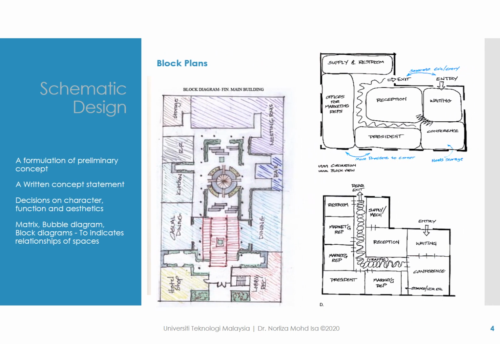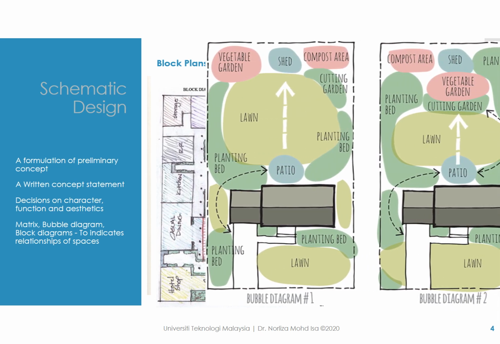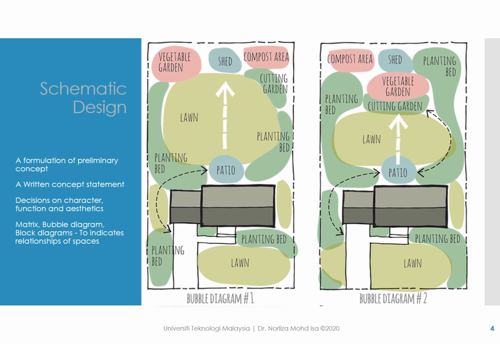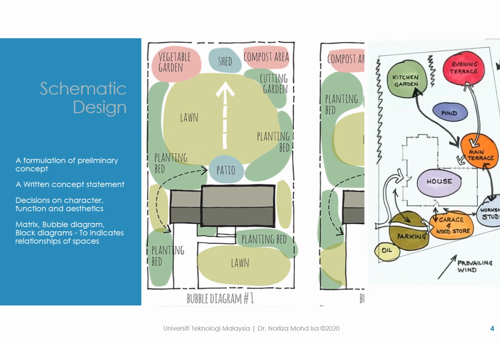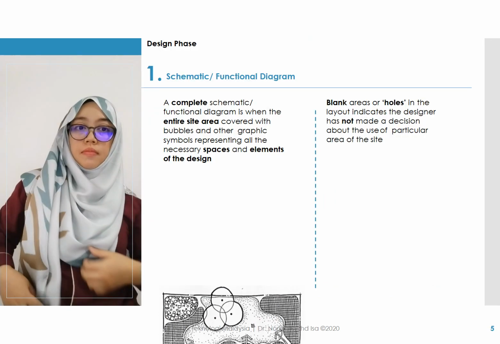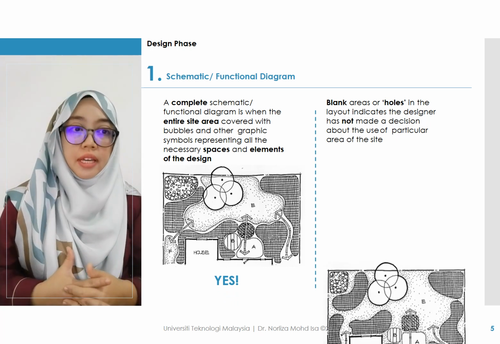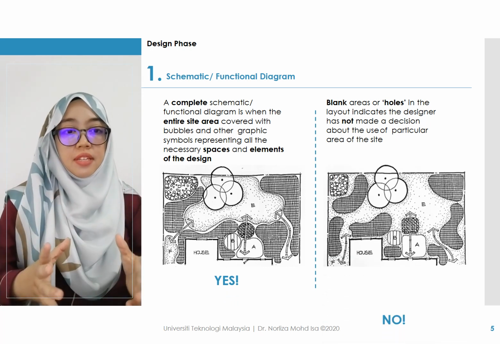In schematic design, diagrams such as a matrix, a bubble diagram, or a block diagram can be used to indicate the relationships of spaces. In design phase, schematic and functional diagram, for example, the images at the left.